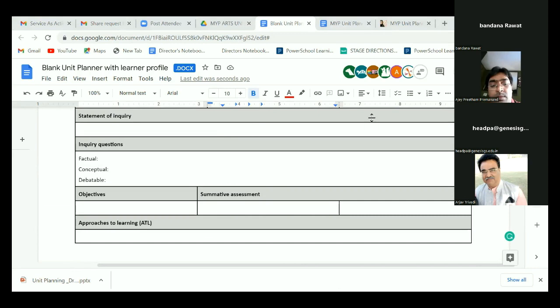So basically, until now, we used to refer to the word drama, but with the new guide, we don't refer to it as drama anymore, but we refer to it as theater.